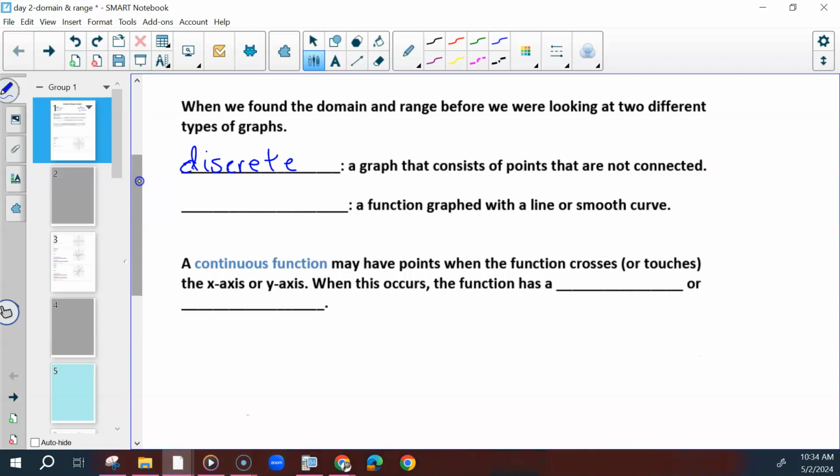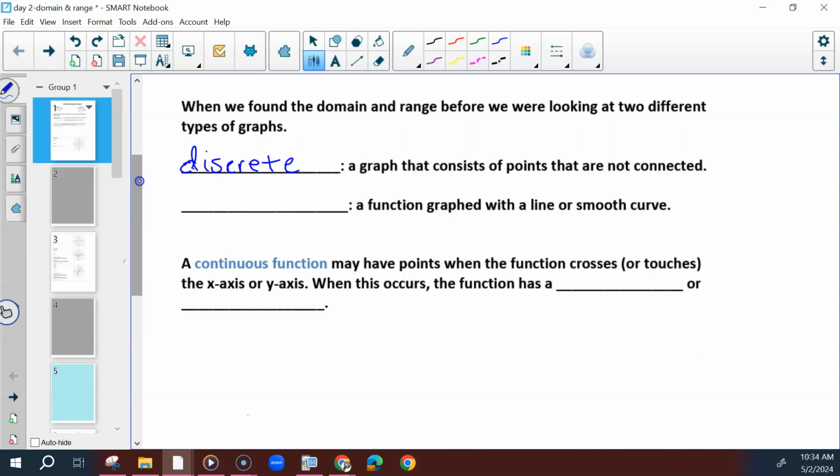I don't know. How do you spell discrete? Oh no, in math, it's not like that. It looks weird with 2 E's, but it looks weird separate.